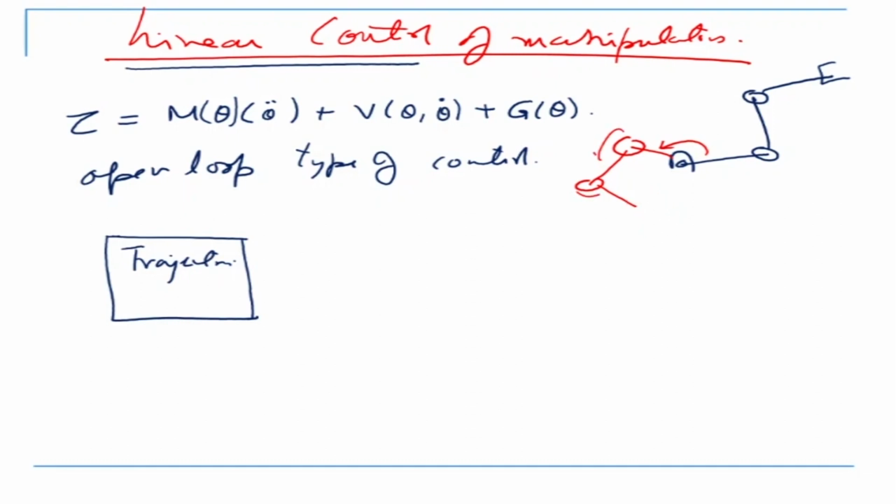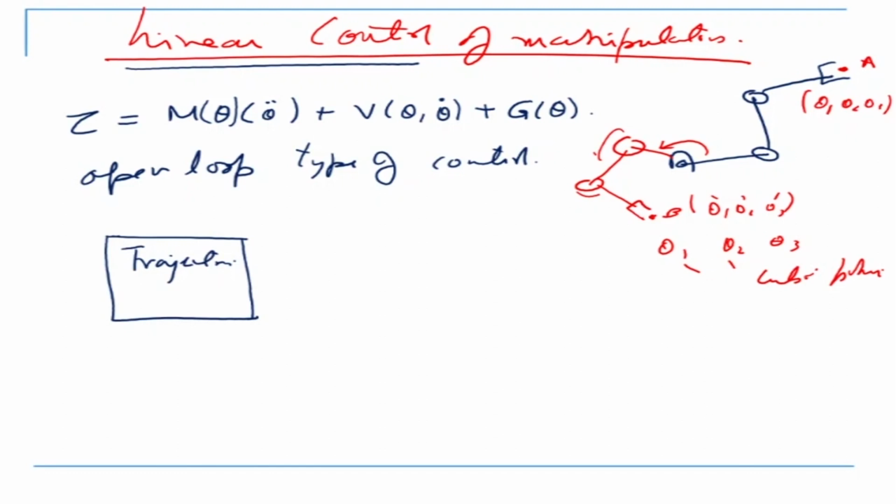I can say that I am at point A and I want to go to point B. I can find theta 1, theta 2, theta 3 at point A, and theta 1, theta 2, and theta 3 at point B. For each of theta 1, theta 2, and theta 3, I can fit cubic polynomials, and then I have a trajectory generator.